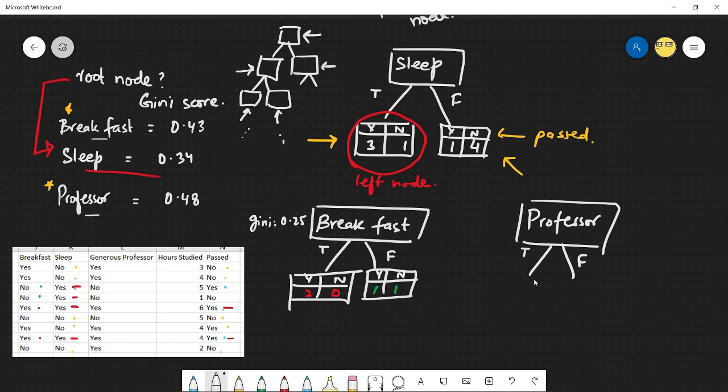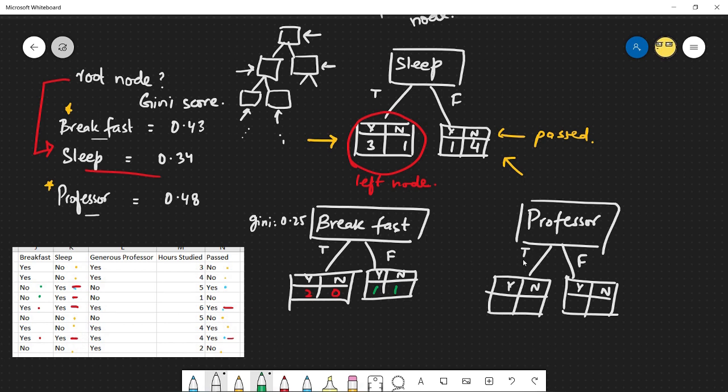Let's now calculate the average weighted Gini score for when we use professor as a split for sleep equals true. So I'm going to again make the boxes for yes or no for pass, and yes or no again for pass here. And we're going to go back to the data and try to figure out what values go in here. So again, this is when sleep is true. If sleep is true, we still have those 4 red dots here. We're going to check now if the professor was generous or not.